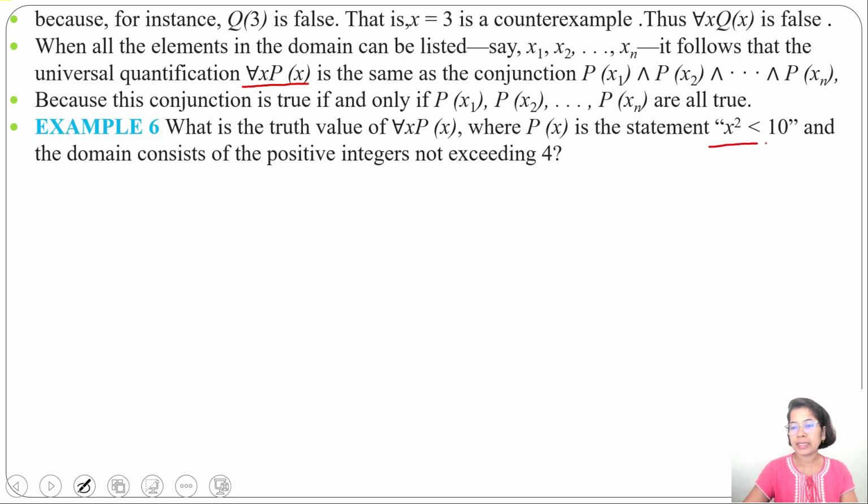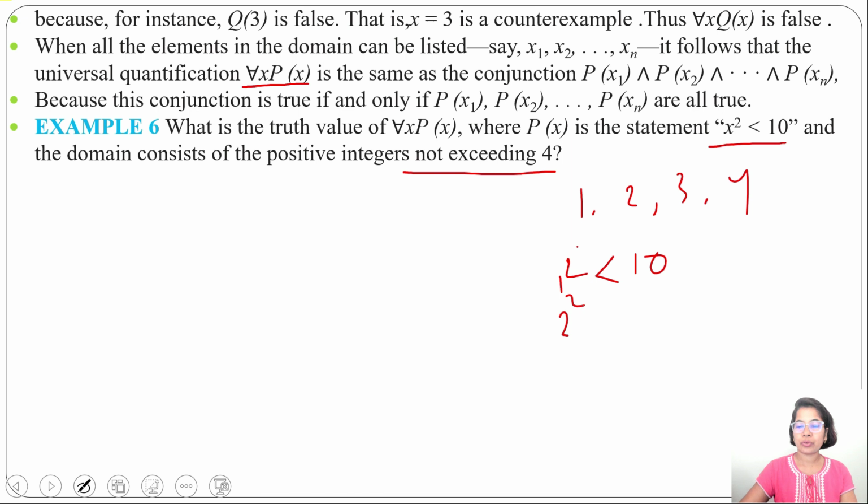Here the statement is x square less than 10 and the domain consists of positive integers not exceeding 4. So domain is positive integers not exceeding 4, means 1, 2, 3, 4. For 1, 1 square is less than 10. For 2, 2 square is 4, less than 10. For 3, 3 square is 9, less than 10.